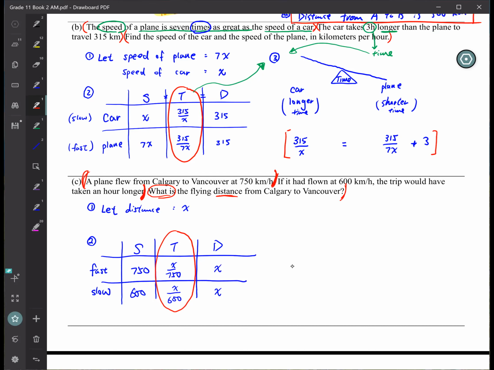Think about where it mentions time. In the question, there is still another piece of information about time that you haven't used yet. So you're going to grab that and also grab the last column to make the equation.